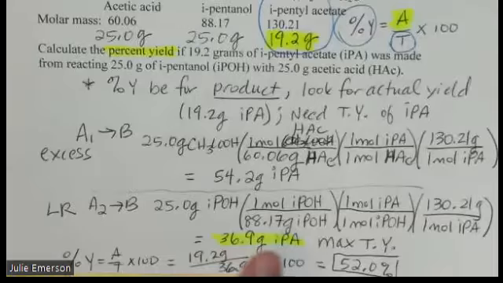And so that's why the reaction would stop at that point. My theoretical yield is based on that limiting reactant. So the smaller number, the 36.9, is my max theoretical yield. Then from there, actual over theoretical times 100 gets me to my percentage. So that's how I can finally get the percent yield for that question.